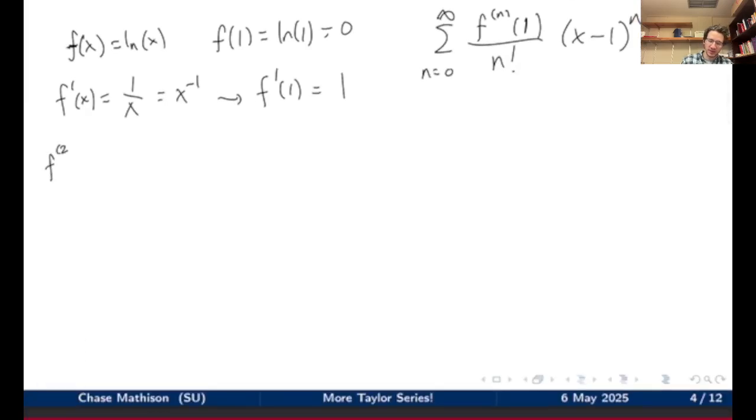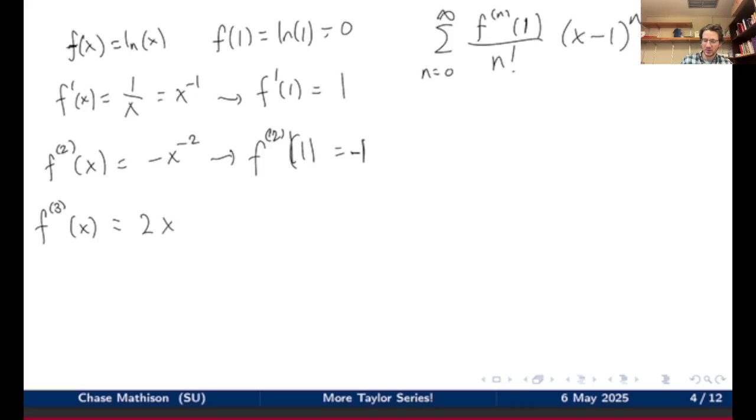F double prime of x is minus x to the minus 2, so f double prime of 1 is minus 1. F triple prime of x is 2x to the minus 3, so f triple prime of 1 is 2.